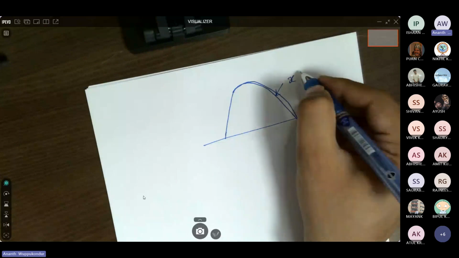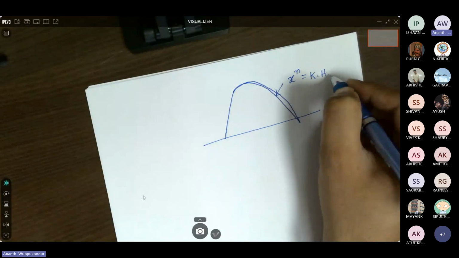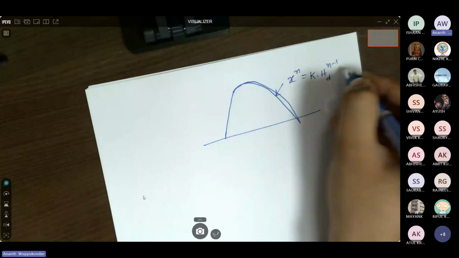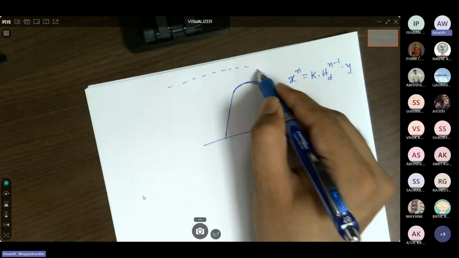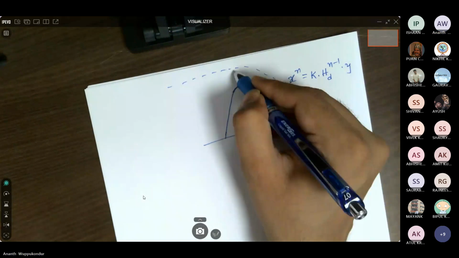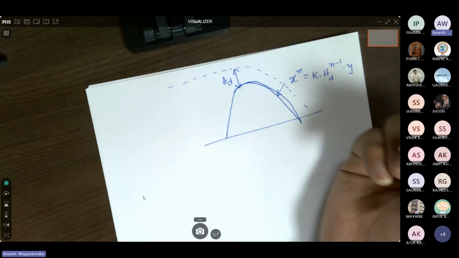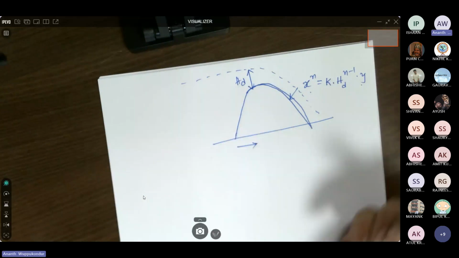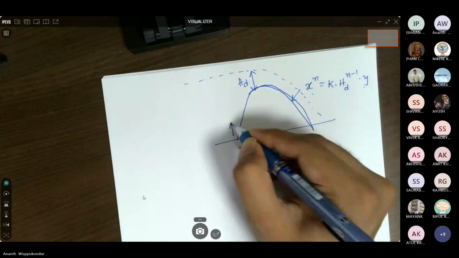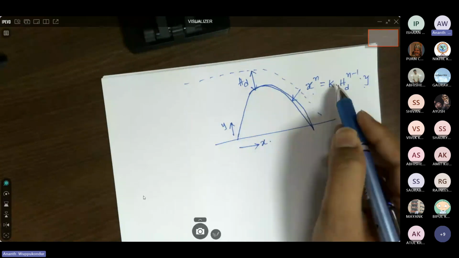So that is x^n equals K Hd^(n-1) times y. So let's say this is the flow that is overflowing on top of the spillway, and Hd is the head on top of the dam, and x and y are distances. So x is in the horizontal and y is the vertical. So this surface you can find out by using this equation.